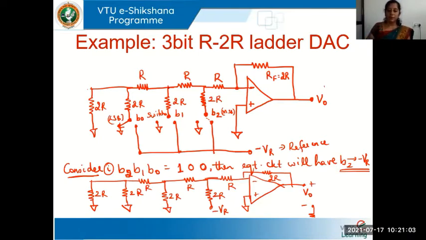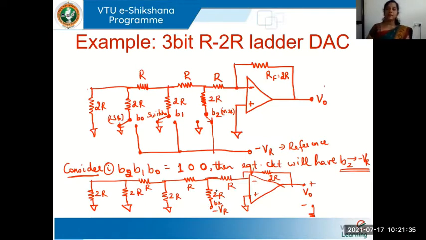So what will happen to the equivalent circuit now? The equivalent circuit will have this point B2 connected to minus VR. As you can see, B2 is connected to minus VR and B1 and B0 are both connected to ground, and the equivalent circuit will look something like what I have drawn below.